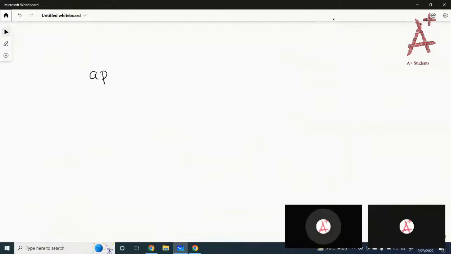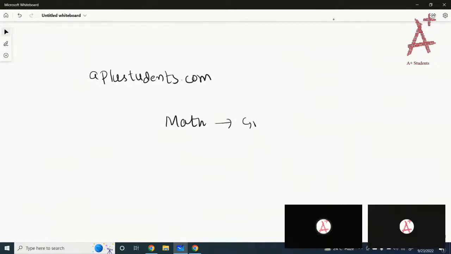Then you have to select math as a subject. Then scroll down to grade 5 maths and start with the first chapter, that is place values and number sense.